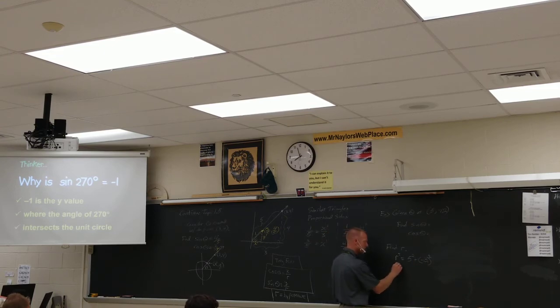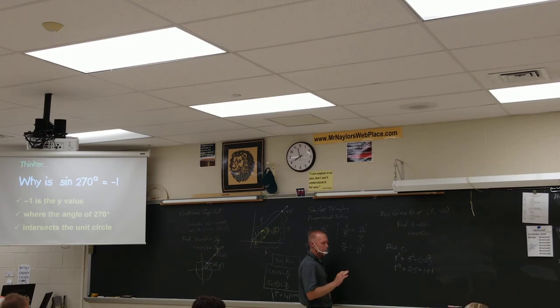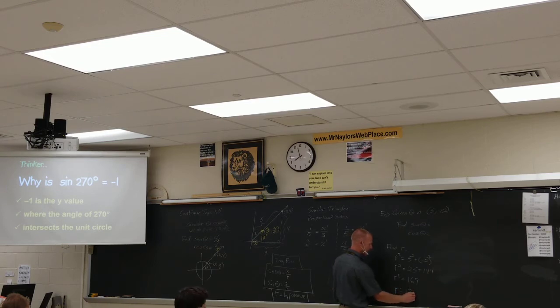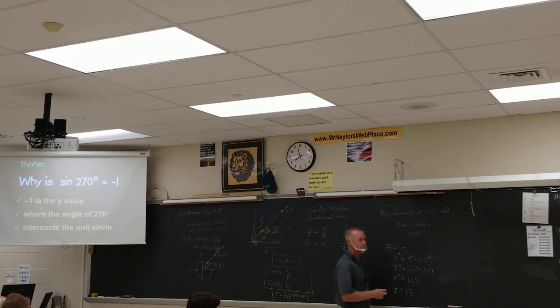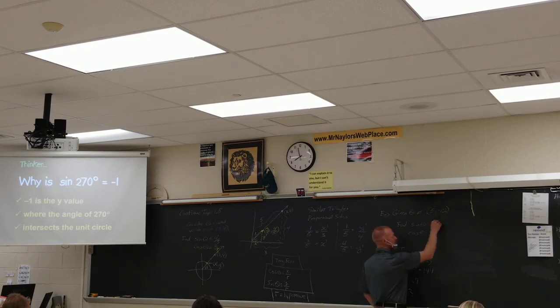So you kind of do this off to the side, use a calculator, do whatever you got to do. Make sure that you just understand why we're going to end up with 13. Like I said, even if you just punch that in a calculator, make sure you understand why we get 13, and then just write your answer. It's pretty much that easy. Negative 12 over 13, 5 over 13.